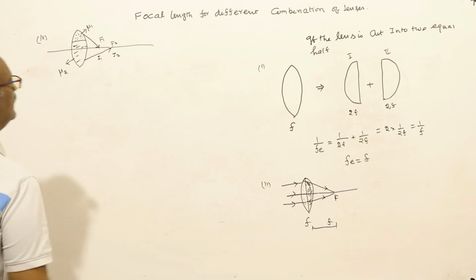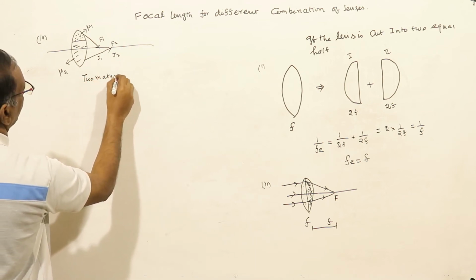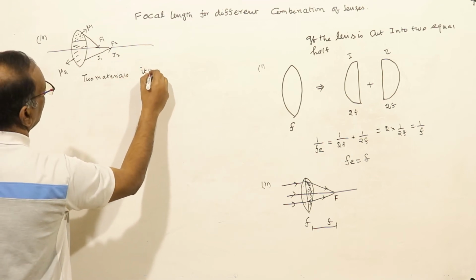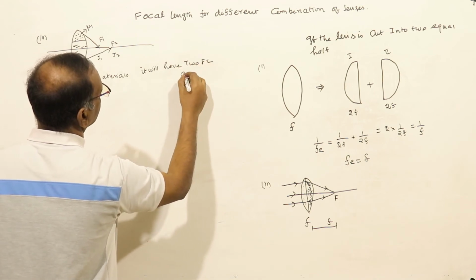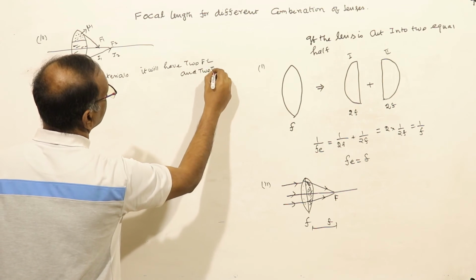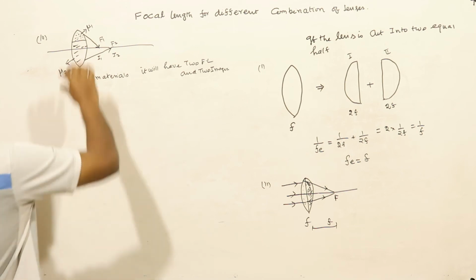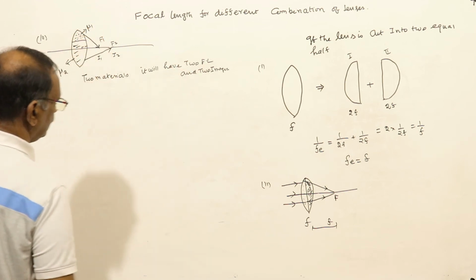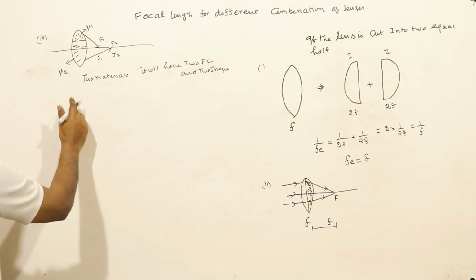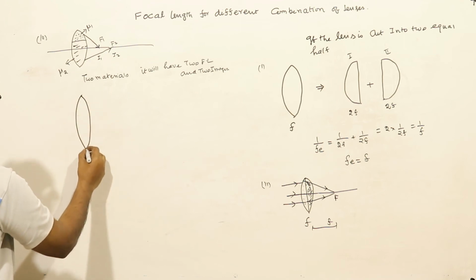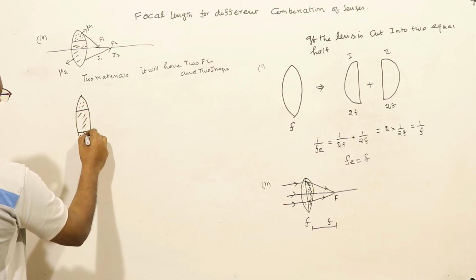It means if the lens is made up of two materials, it will have two focal lengths and two images. If it has three media, 1, 2, 3, it will have three focal lengths and three images. Suppose it has three media like this, this is one material, this is another material, this is another material.